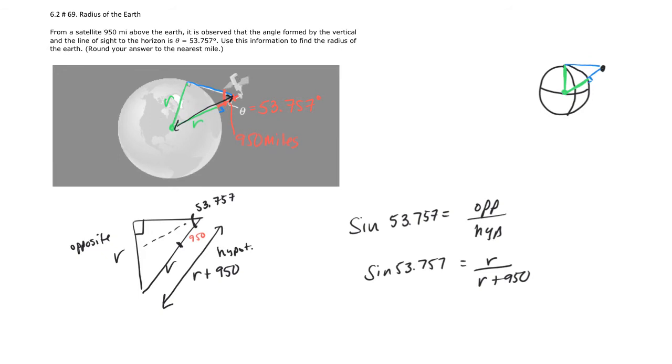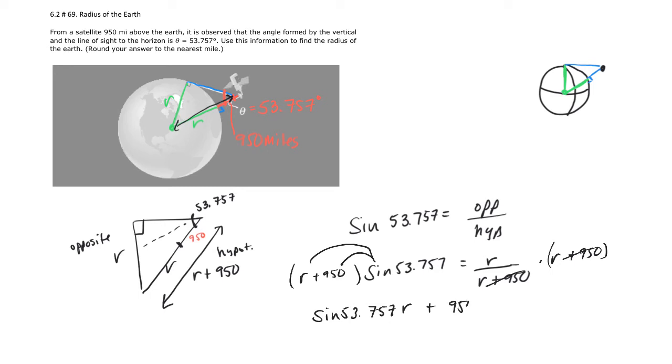To clear the fraction, I'm going to multiply both sides by r plus 950. Then I'll distribute, so I have sine of 53.757 times r, plus 950 times sine of 53.757, and that's equal to r.